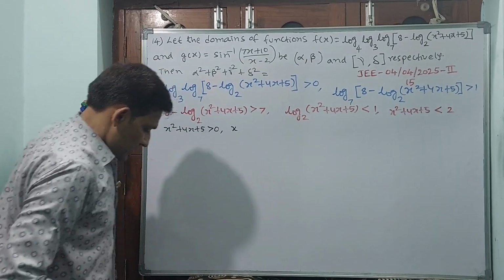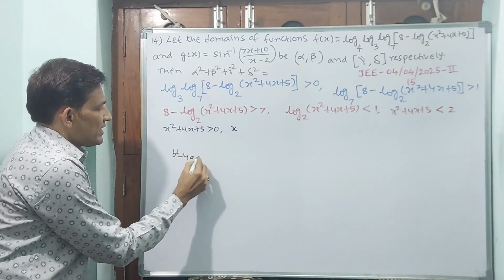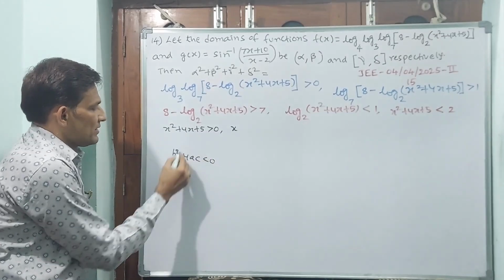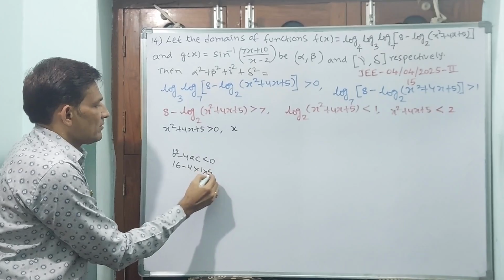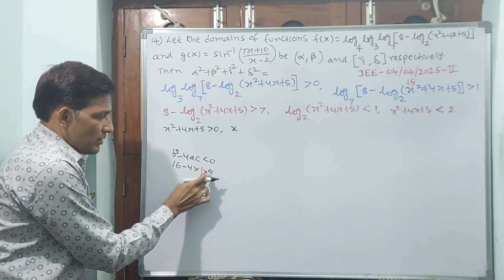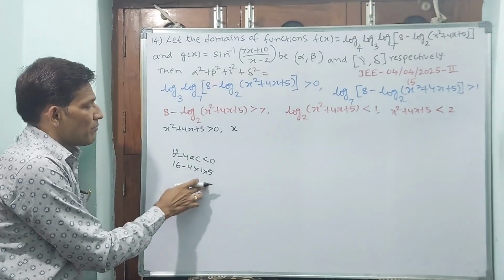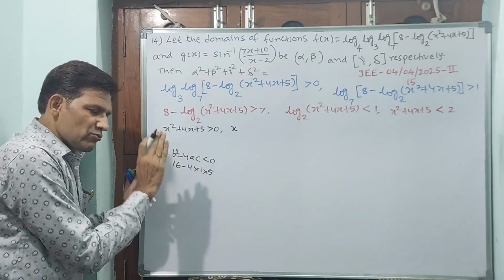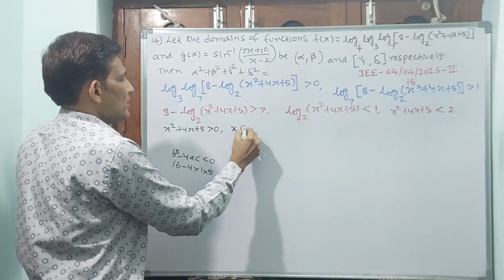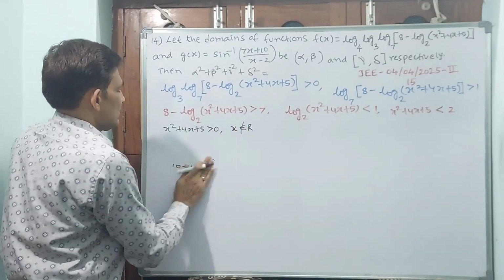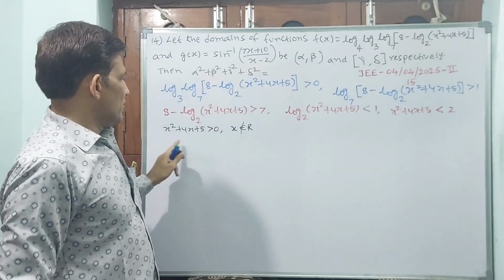Because b² minus 4ac is less than 0. b² is 16 minus 4 into a 1 into c 5, that is 20. 16 minus 20 is minus 4. Minus 4 under root. b² minus 4ac is less than 0, that means no real root, x does not belong to R. This condition you need not take.